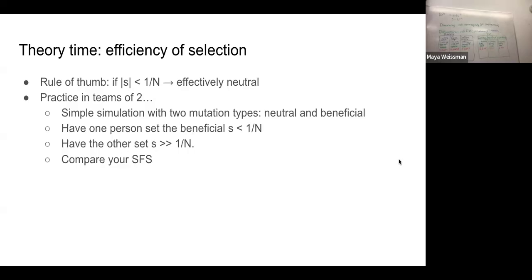It's way less than 1 over n. You do not have to.